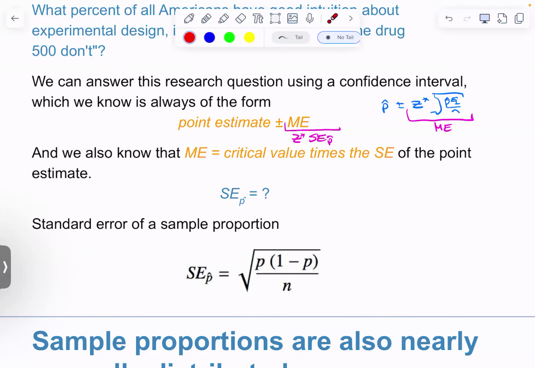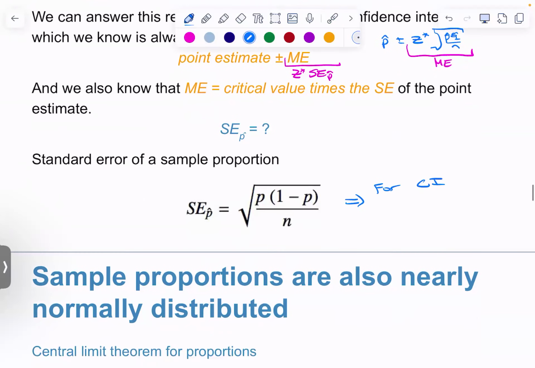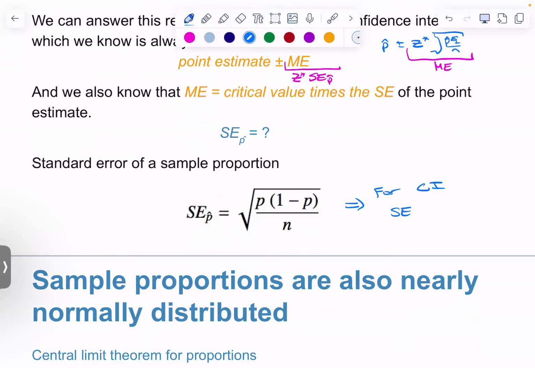But for a confidence interval, the standard error of p hat is the square root of p hat q hat over n, because q hat is 1 minus p hat.